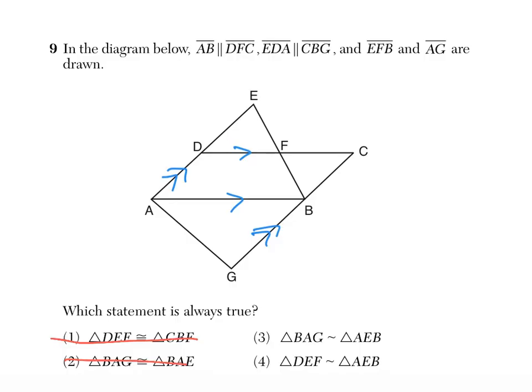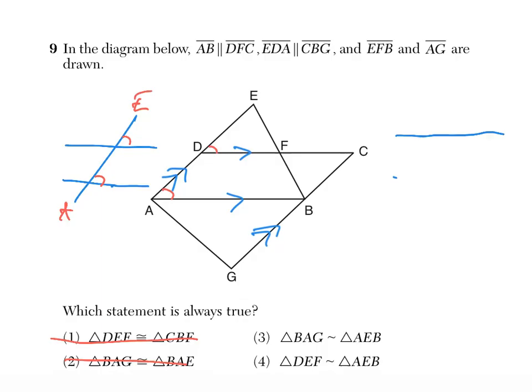So we're going to need to establish a similarity between some of these triangles, and I recognize that we're looking for angle relationships. When we're looking at these two sets of parallel lines right here, we've got a transversal cutting across from E to A. This angle and this angle are corresponding, and that indicates that they are in fact congruent.